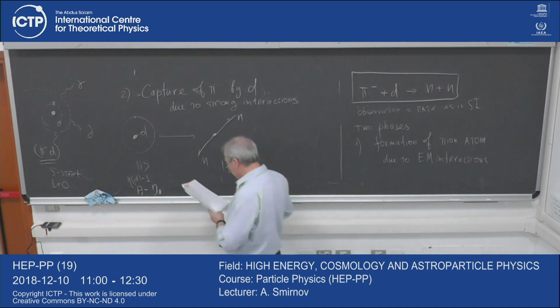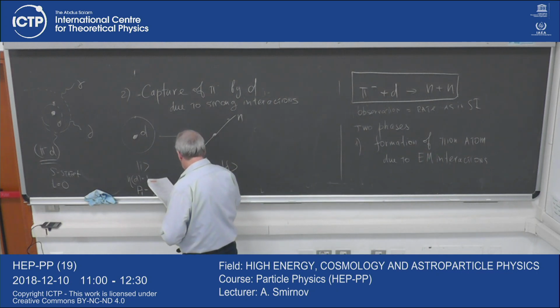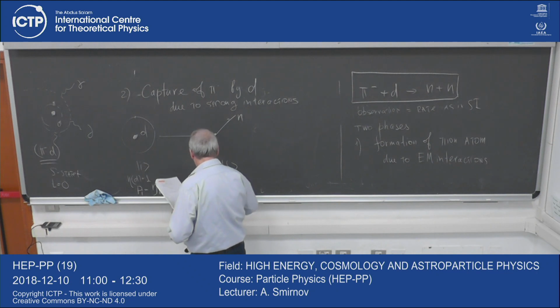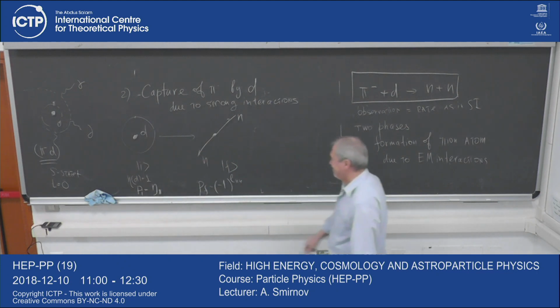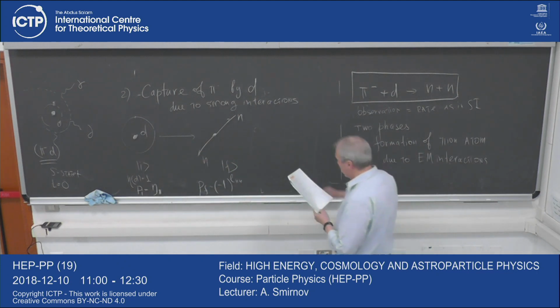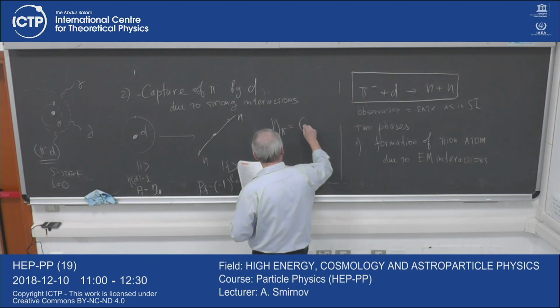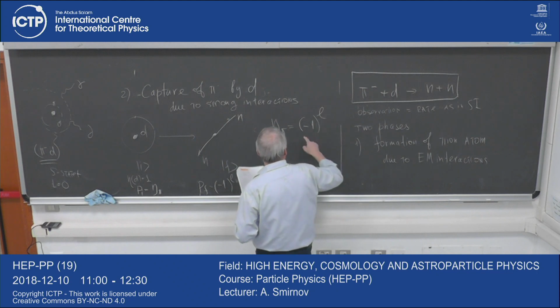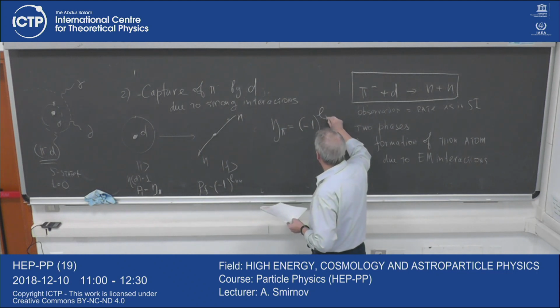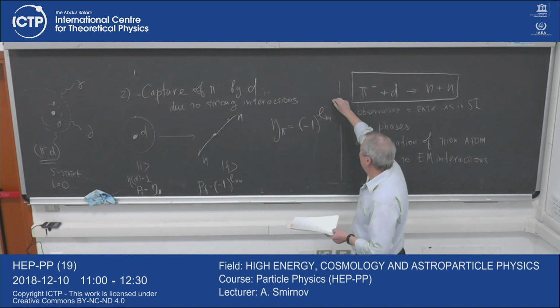And here in the final state, the parity of the final state is given by -1 to the power of the orbital motion of two neutrons. So therefore we conclude that the parity of pion is given by -1 to the power of the orbital momentum of two neutrons.